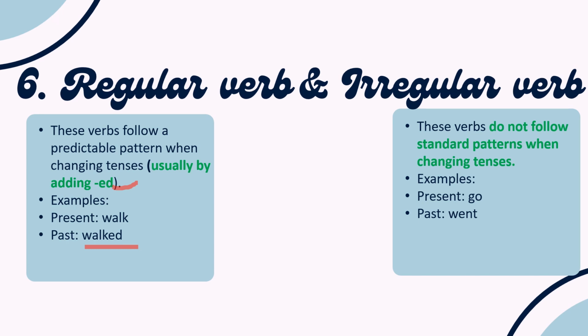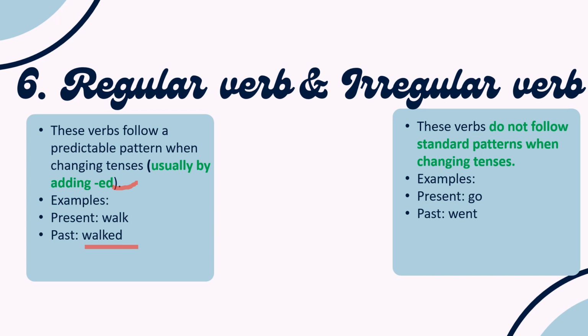But there are some verbs which do not follow the standard pattern. The regular verbs are the ones in which you can add ed and they will convert from present tense to the past tense. But if we are talking about the irregular verb, they do not follow the standard pattern. If you want to change the present tense to the past tense, you have specific words.